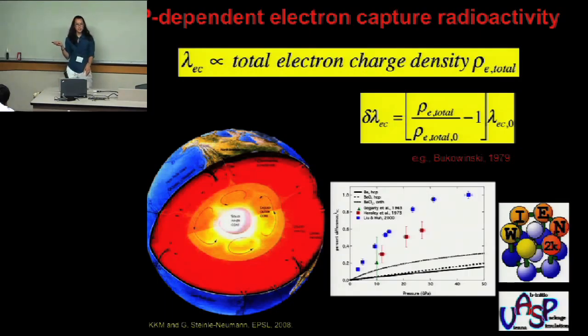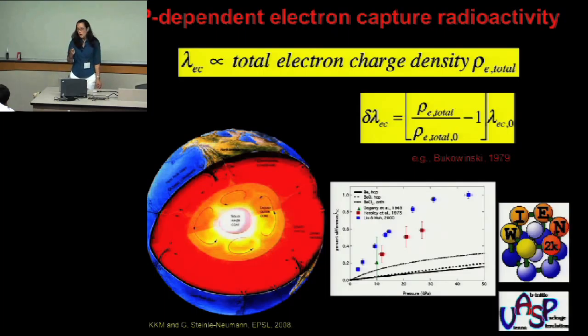So we did some predictions, and those are shown here as the black curves, and the differences in the black curves are just different chemistries. And you'll notice that there's actually quite a large offset between what the calculations predict and what the experiments say.